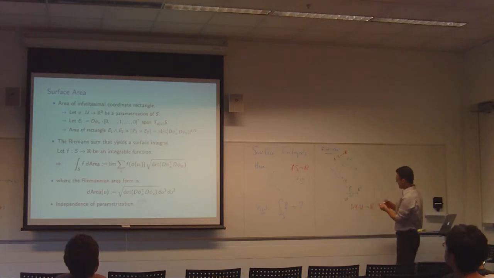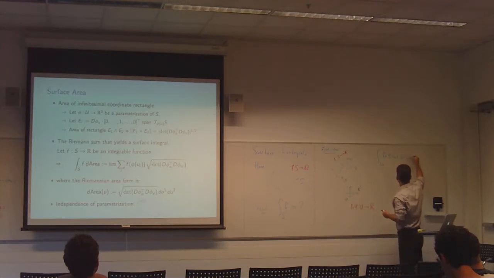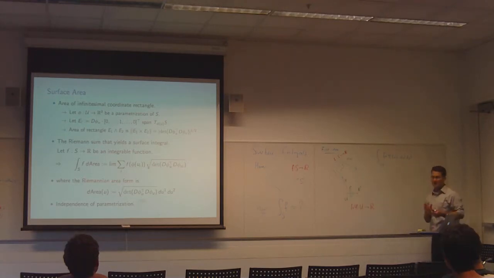Okay. So the first idea is to say, what we want is the integral of f compose phi du1 du2. That's the first idea. It kind of makes sense. You have this function upstairs, defined in some abstract way on the surface.